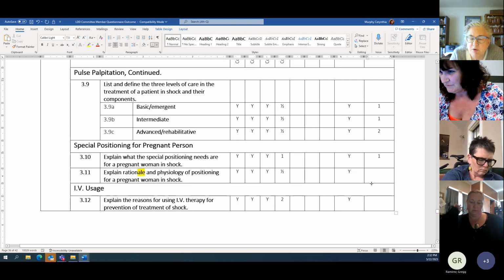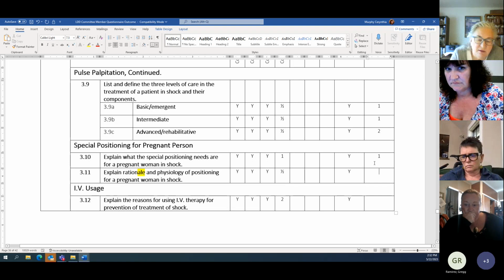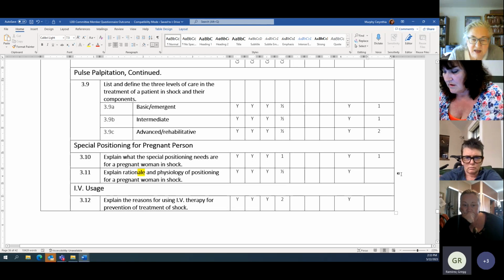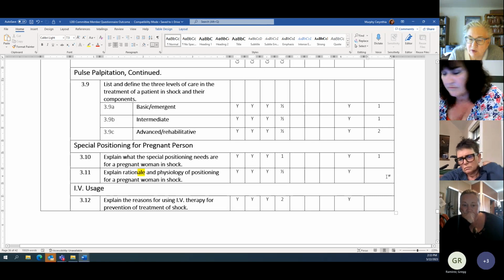So the answer to 3.10 is, lay her flat and lift her up on the right side. And that's the special positioning needs. And then the rationale is, why are we doing that? And that's where the vena cava comes in. That could potentially be one question.